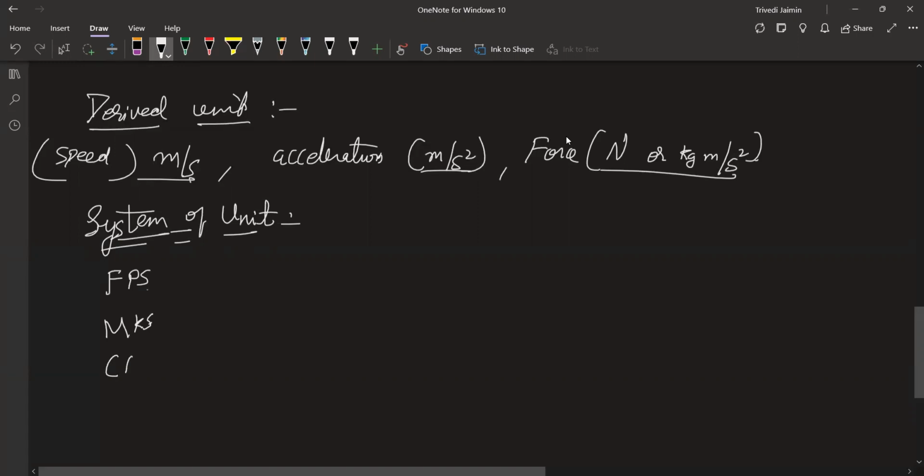Sir, I think FPS is only used in the United Kingdom, and MKS was used in the whole of Europe, and CGS was used in most of the world. Exactly. CGS is a smaller system, the Gaussian system. FPS was especially used by British engineers. Even we were using those initially in India, but then we converted to MKS.